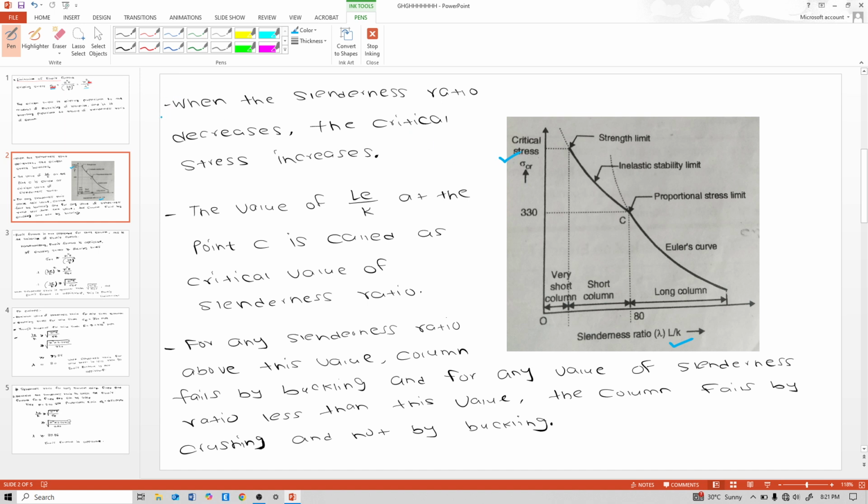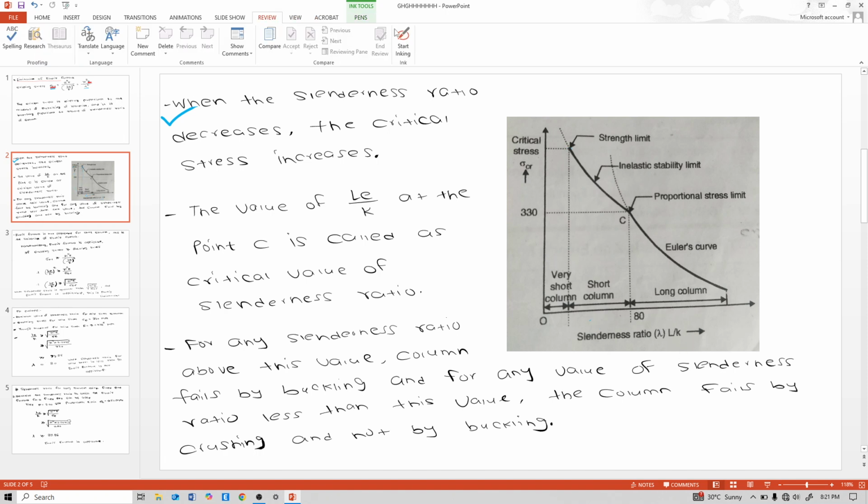And understand that sentence meaning: if slenderness ratio decreases, critical stress increases. See here, slenderness ratio is minimum but critical stress is maximum. So this is the meaning of that sentence.